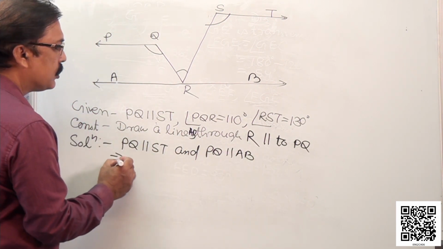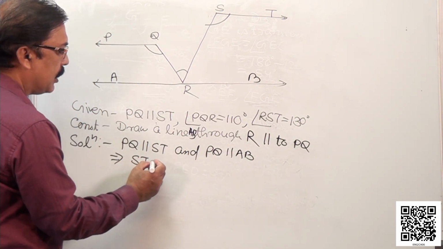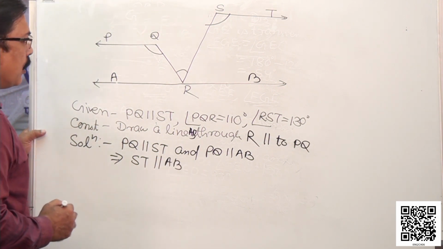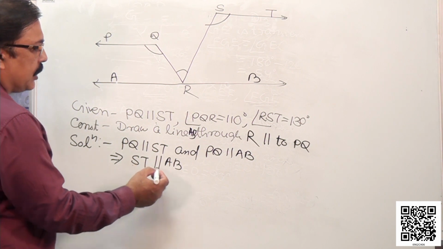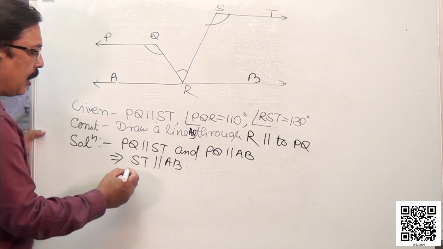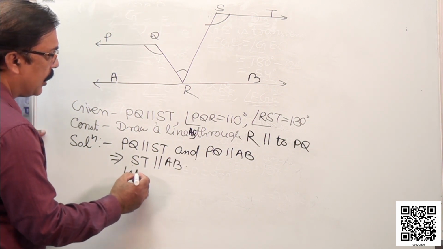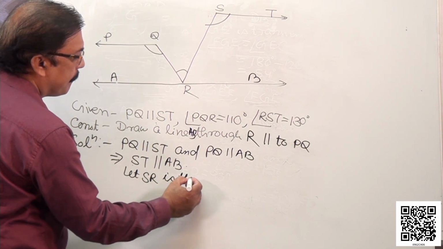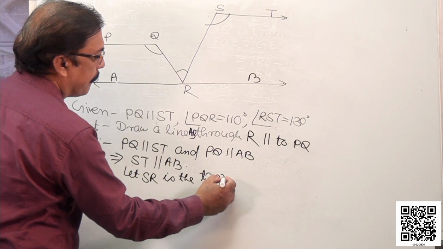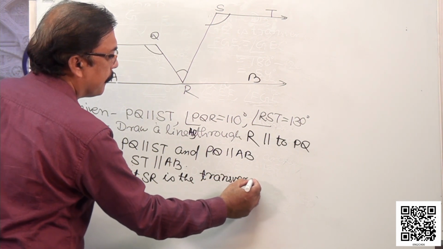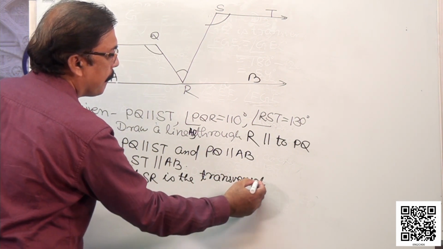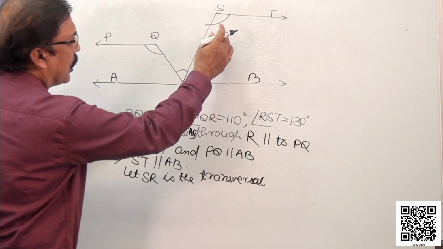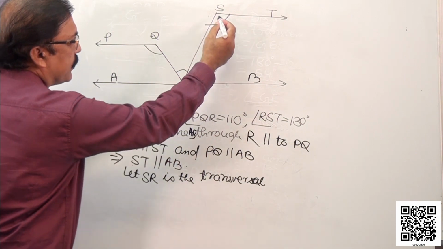So this shows that ST is also parallel to AB. Now if ST is parallel to AB, and SR is the transversal.